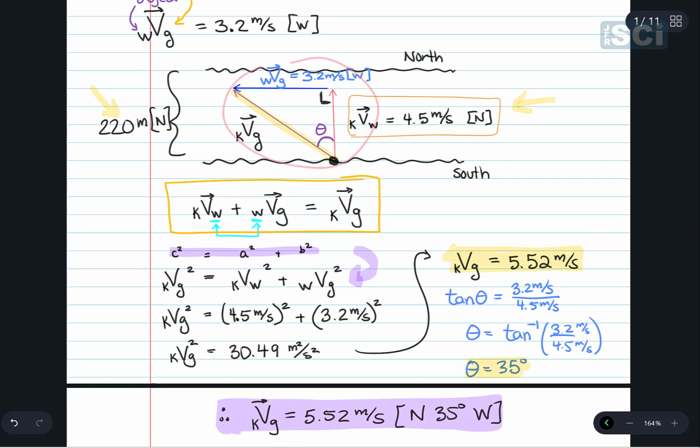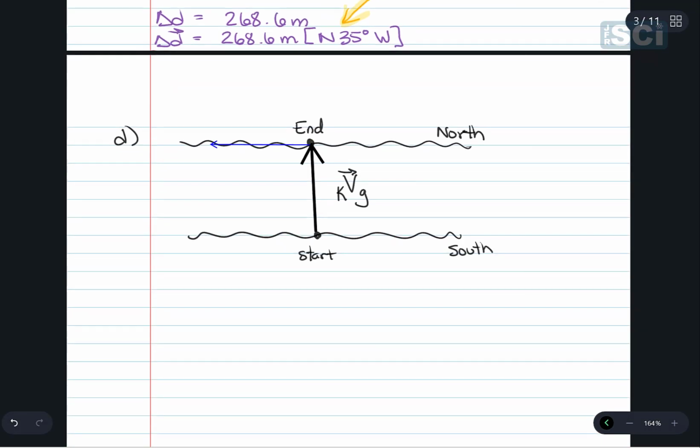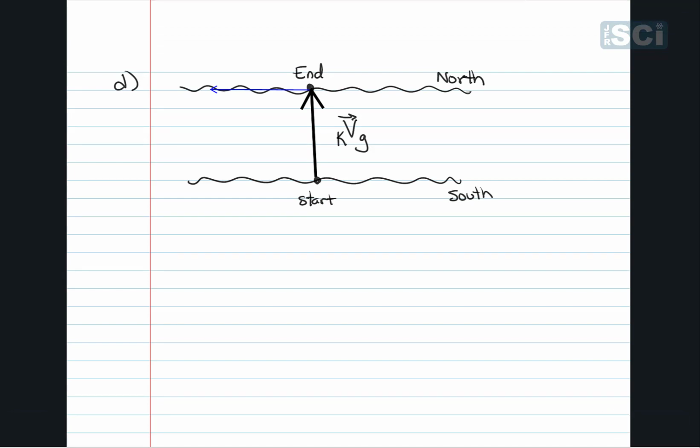We miss. So how do I fix this? Well, the water's always going to push me towards the west. It's always going to push me over this way. So if I aim east, if I were to take my kayak and point it towards the east and allow that water to push me to the west, I end up going straight across the river.